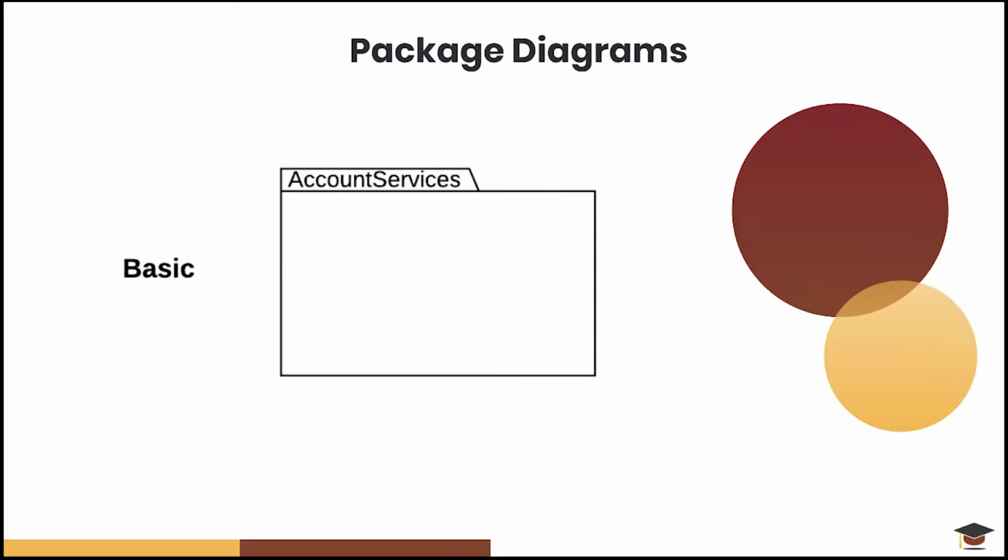Account services. So this represents an account services package. Inside of it, we don't know what it contains. And for package diagrams, we don't care. We do not care what it contains. We can always look in the code and find out what's actually in account services, right? Again, more of a high level structural diagram. But at the end of the day, we know that account services has something to do with accounts.